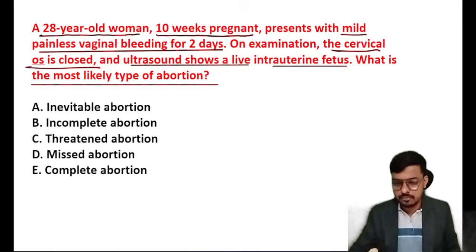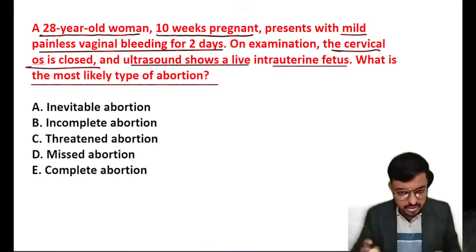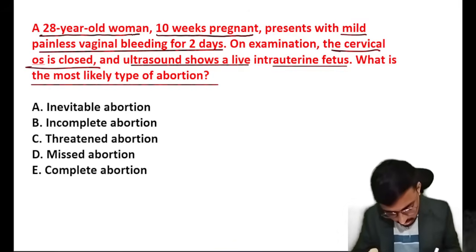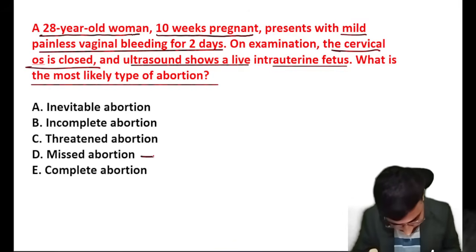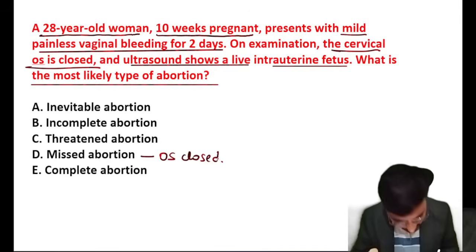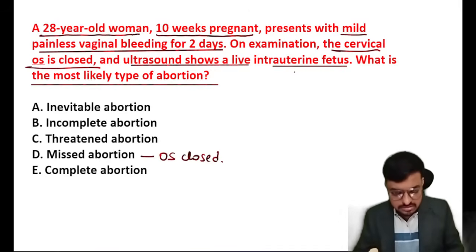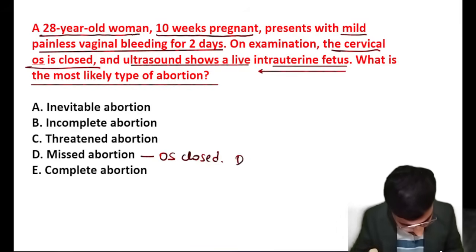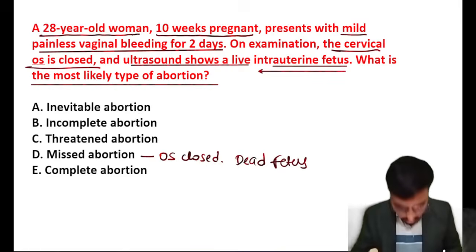On examination, the cervical os is closed here, and ultrasound shows a live intrauterine fetus, so there is no dead fetus inside. If the cervical os is closed, and inside the uterus, instead of a live fetus, we get a dead fetus, an intrauterine dead fetus, that is what we call a missed abortion.